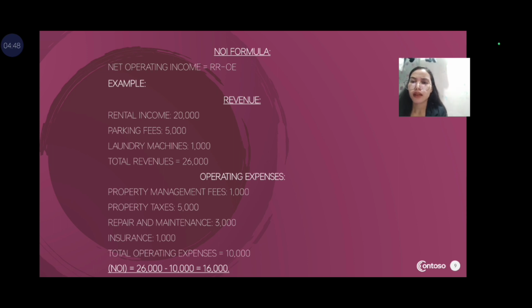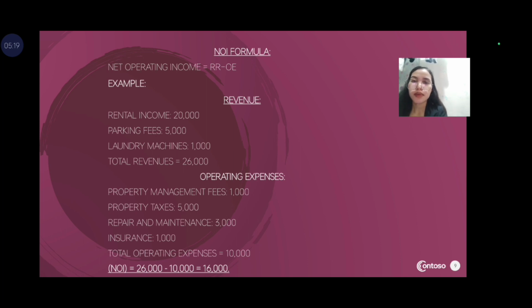So we subtract the operating expenses from the revenue. The net operating income in this example would be the total revenue of 26,000 minus the operating expenses of 10,000, which is equal to 16,000.